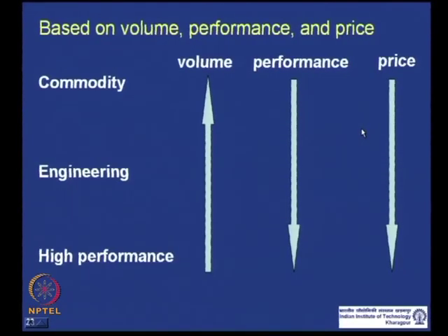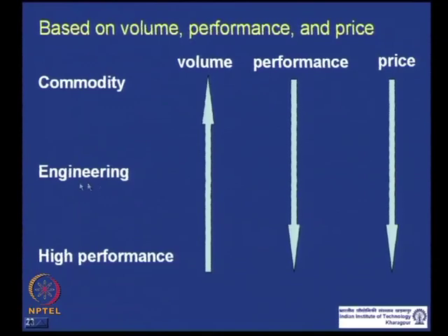Based on volume, performance, and price, polymers can also be categorized into three classes. Commodity polymers are the polymers which you see in everyday life, all the time: bottles, buckets, shoes, clothes, and all these things. They have high volume and are used heavily, so the price is low, and performance is also not so good compared to the other classes of polymers.